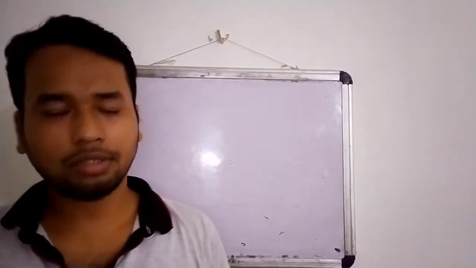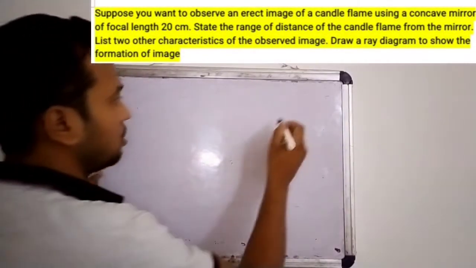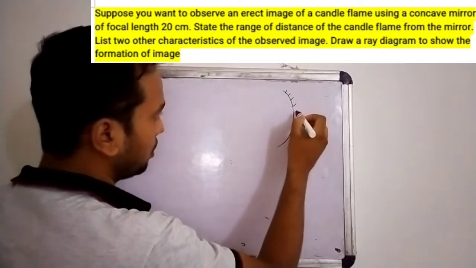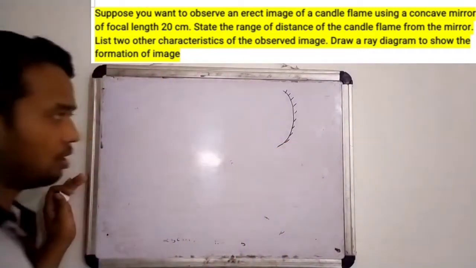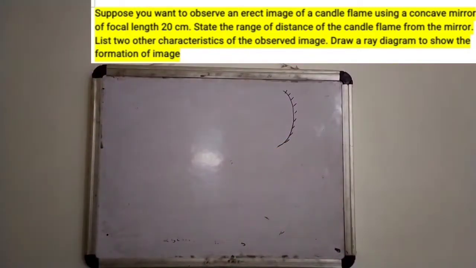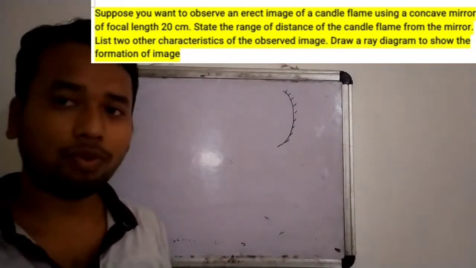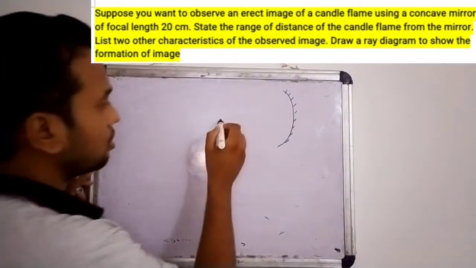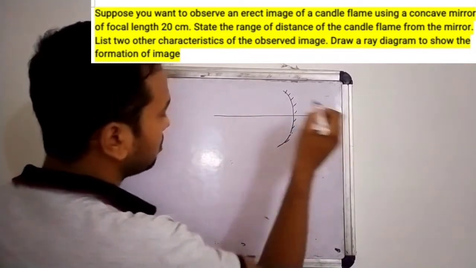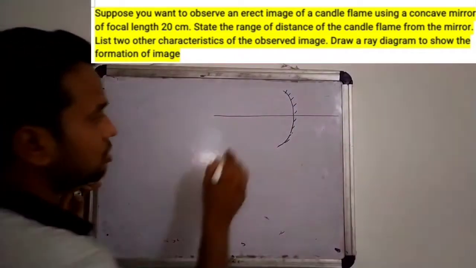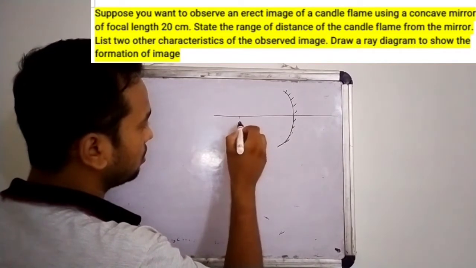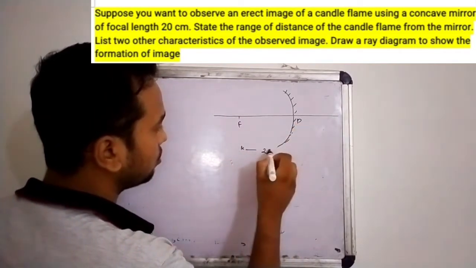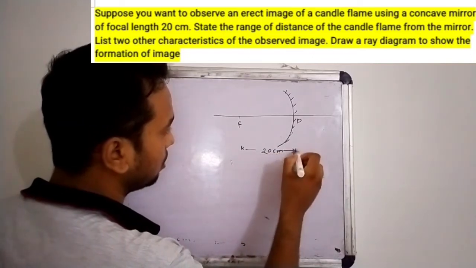So our next question is, suppose here we take a concave mirror. Now using this concave mirror we need to form an erect image. Okay, an erect image we have to form. Suppose its focal length f is 20 centimeter.